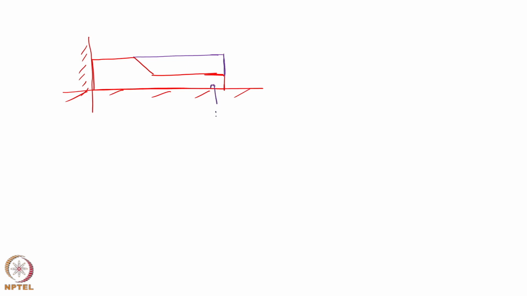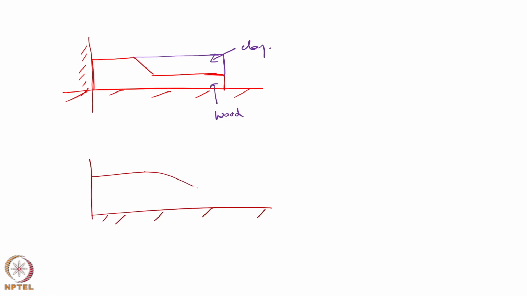So, this is a piece of wood and this is a piece of clay. I have also taken another piece of wood, but of different geometry. And here also I have filled it up with soft clay.